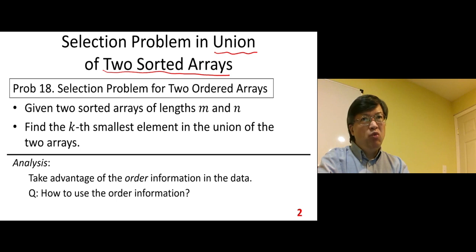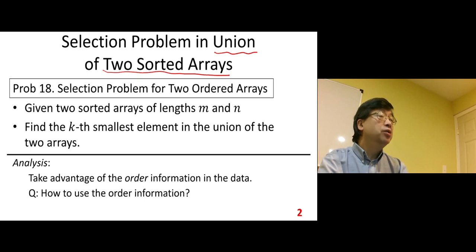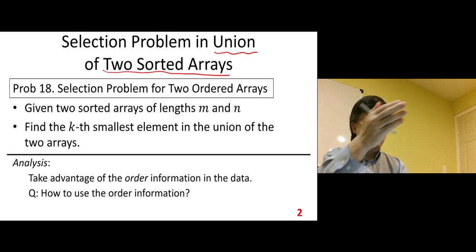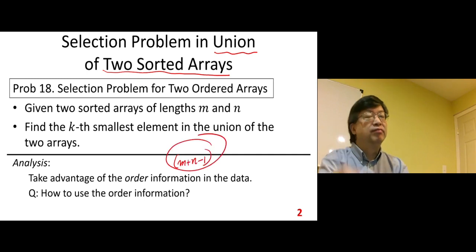And we may not like to merge these two arrays because the cost is relatively high when you merge two ordered arrays based on our merge step. The worst case is m plus n minus 1. That's the cost.